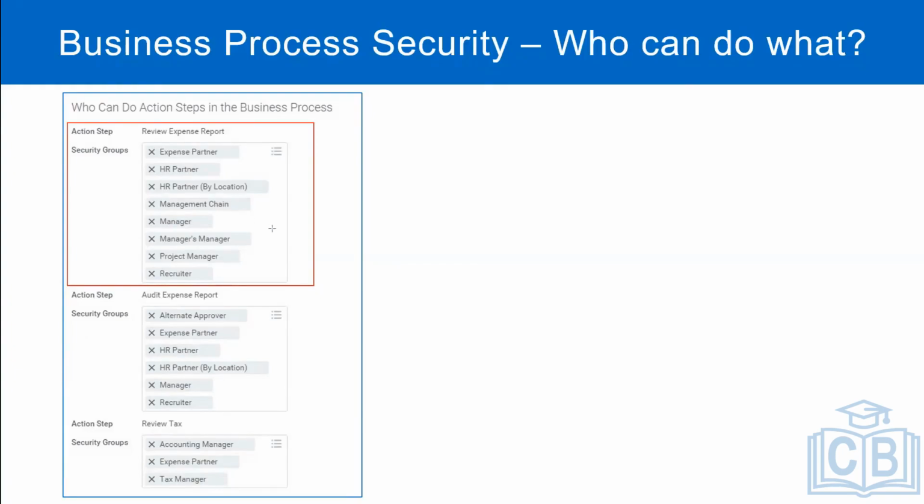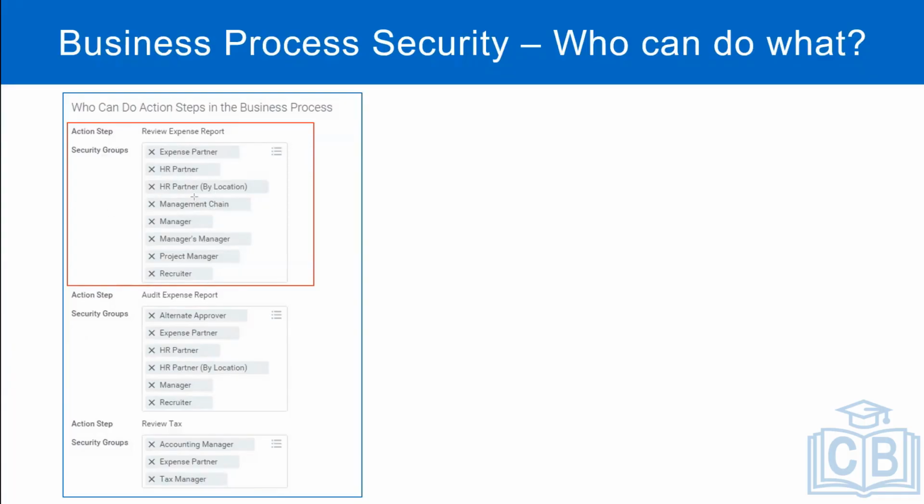Can you choose compensation partner as part of the review expense report task in a business process? As per this diagram, the answer is no, you cannot. You cannot do that because compensation partner is not in this list.